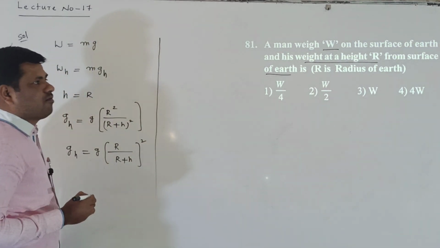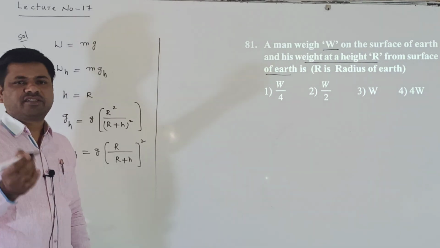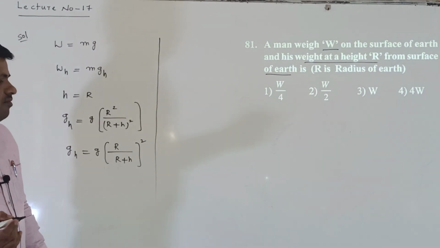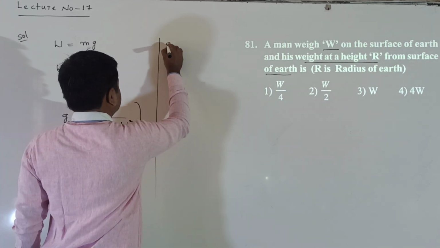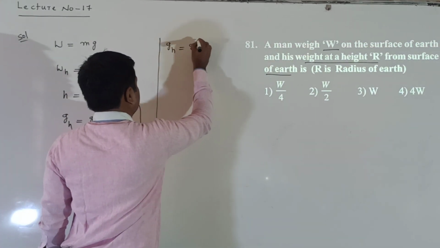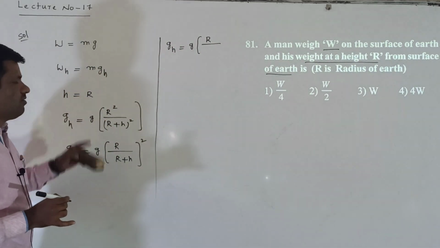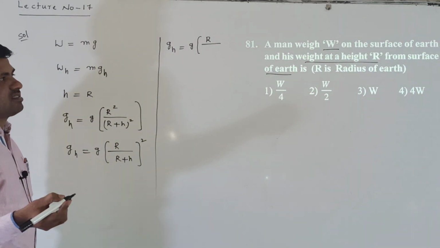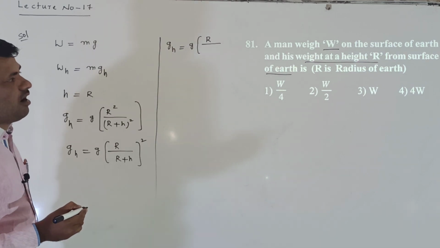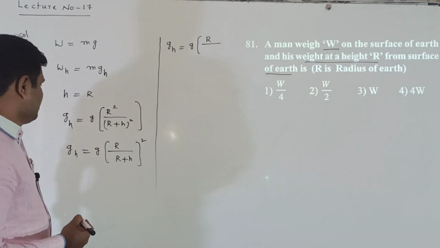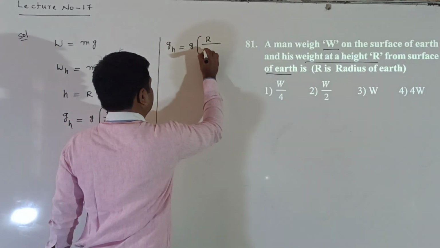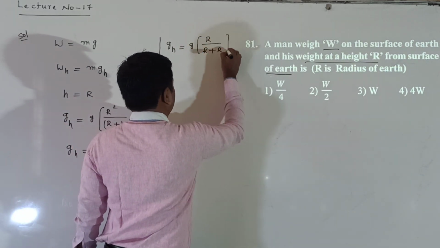Now W_h is required, that is the weight at height h they are asking in the question. So g_h = g into (R by (R plus h)) whole square. Height is equal to the radius of the earth, so h = R. Substituting, g_h = g into (R by (R plus R)) whole square.